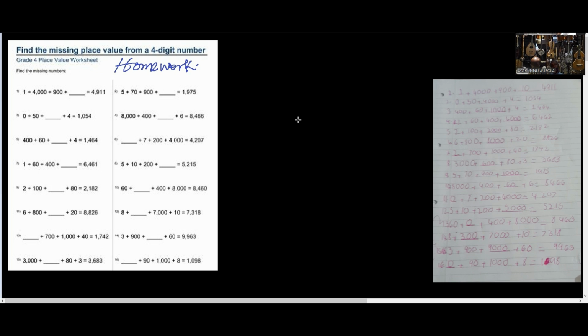Have you moved to another topic in school? Still on place value? We moved to a... Maybe you need to check it, right? It's just about going up to 1,000 and stuff.